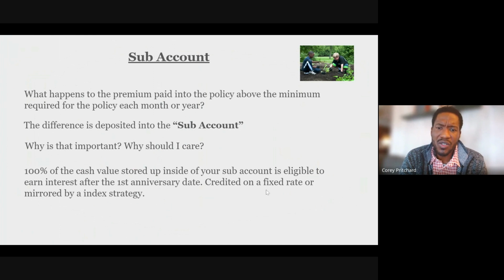Now, as far as how it's determined, how it's credited, it's going to be determined by you, right? So there's a fixed amount that you could actually choose. Right now, I think it's about 4% or something like that. So that's a 4% annual percentage rate, APR. They credit not 4% per month, right?